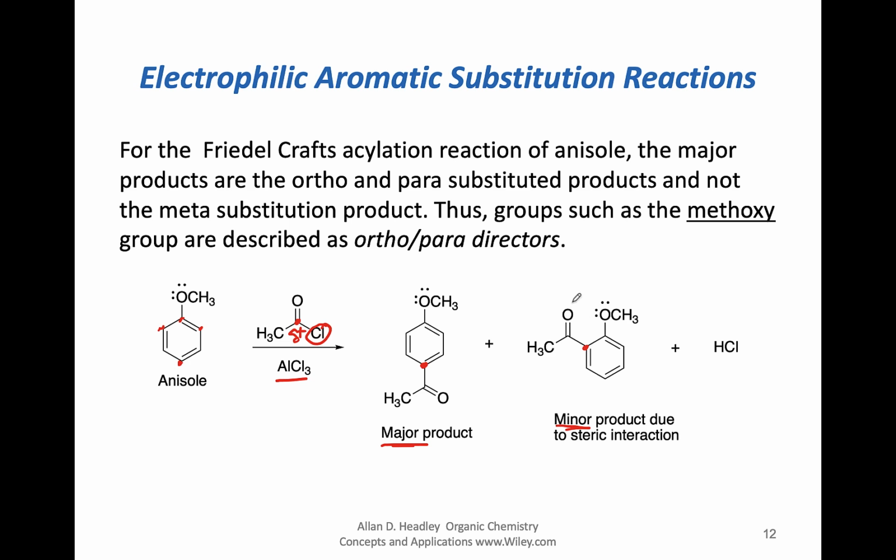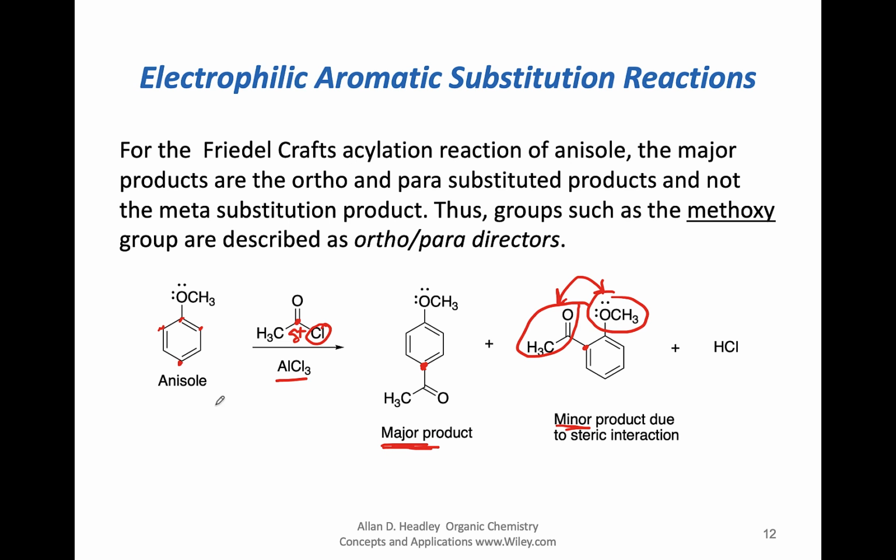Looking at this product here, you can see that this group is pretty close to this group, so therefore there is steric interaction or steric crowding. Because as I mentioned earlier, if two groups in a molecule get too close together, it's not a very stable situation. So putting it in the para position makes them further from each other. Therefore, this is the major product.